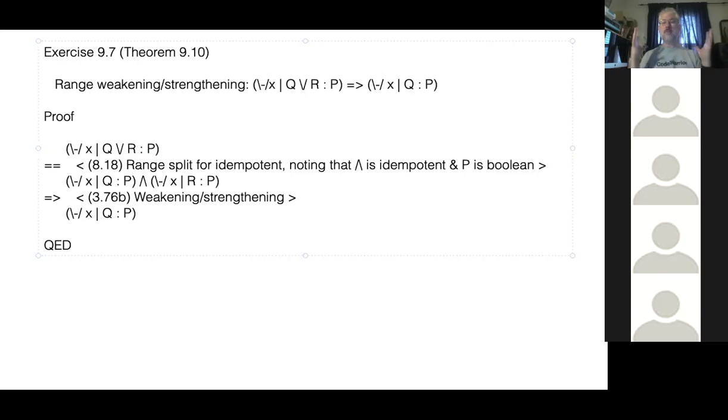And so we don't have to worry about it. We can be a little sloppy about that part of 8.18 because in chapter 9, the body of a for all is always Boolean. The body of an exists is always Boolean. So we can be like, everything's good. We can use 8.18. Go team.